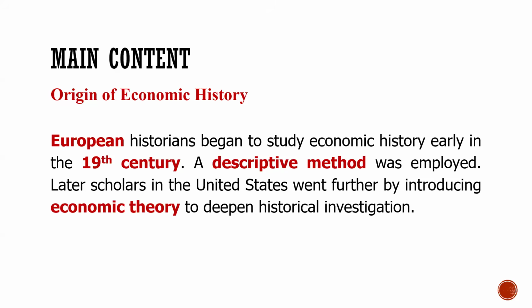This started in the 19th century, where a descriptive method was probably used, and later scholars in the United States proceeded by introducing economic history to further deepen historical investigation, for them to understand issues quantitatively, beyond the qualitative approach that had characterized the study of history in the society.